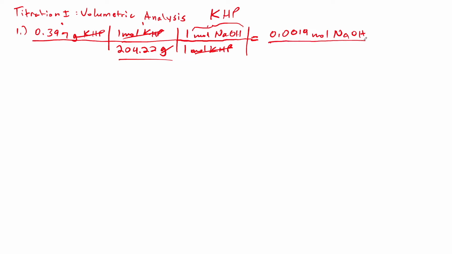So you divide all that by 0.01622, and the number that I get when I do that, 0.0019 divided by 0.01622, is 0.119 molar NaOH.